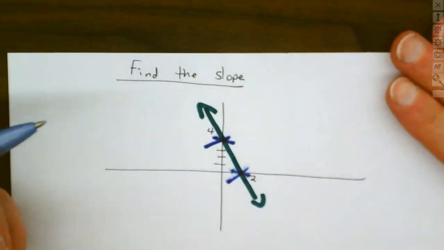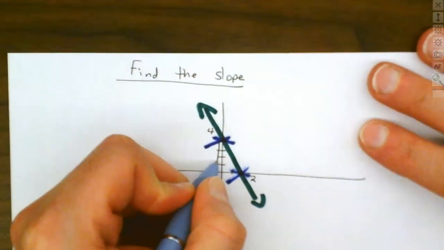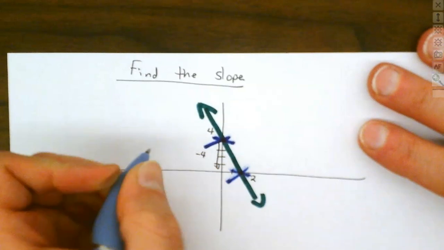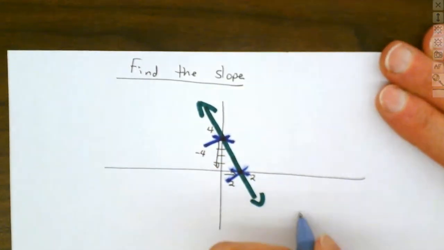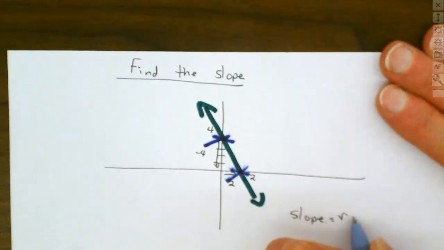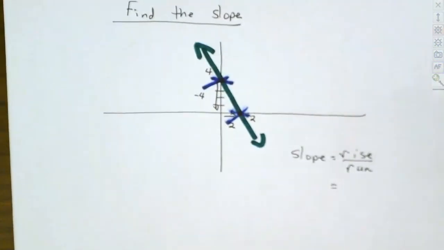Okay, so we know this should have a negative slope, so we're going to have to go down 4. And then we're going to go over 2. Now, slope is defined as rise over the run. And what do we know about the rise here? Well, we know it should be a negative number.